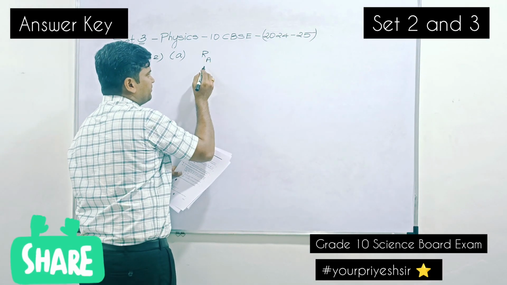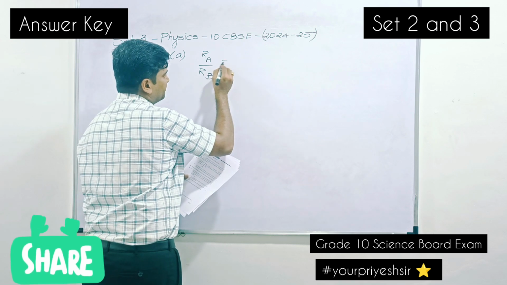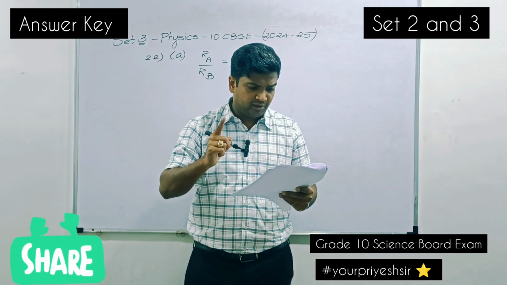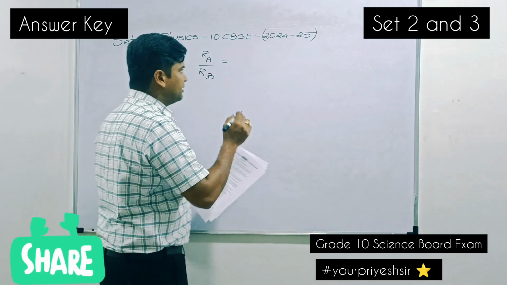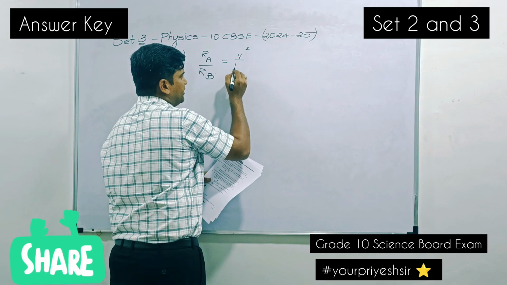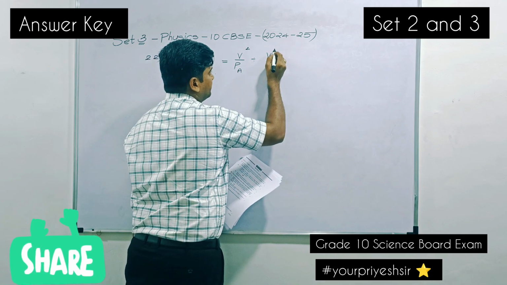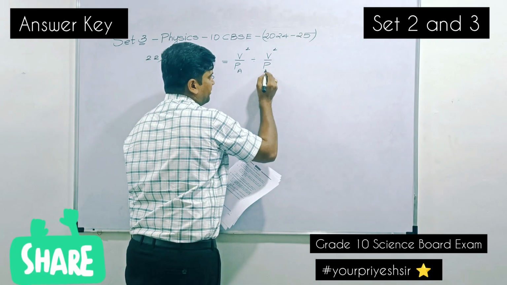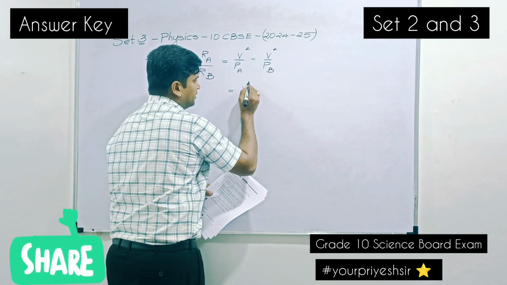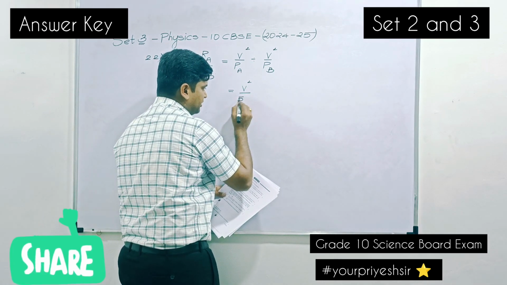Resistance of A divided by resistance of B. Fine. What is the formula relating resistance and power? Power is V square by R. So R will be what? V square by P. So I'll write V square by power of A divided by V square by power of B. Fine, child. Now power of A is given as 50 watt.